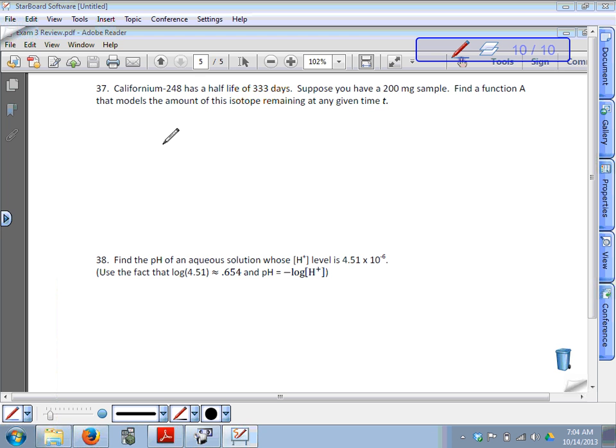Okay, 37 is an exponential decay situation, but it uses the same formula. The amount at any given time t is equal to the initial amount times e to the kt. So this process is exactly the same as number 36. We do know the initial amount, a sub 0, equals 200 milligrams, but we don't know the value of k, so we need to use the fact that the half-life is 333 days.